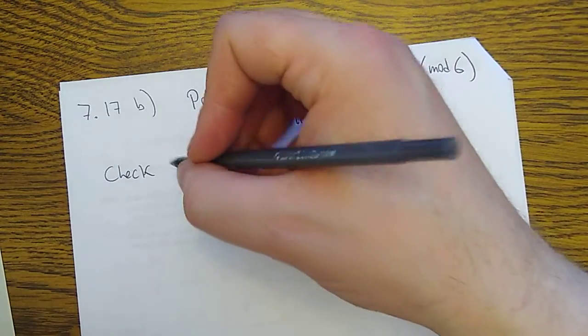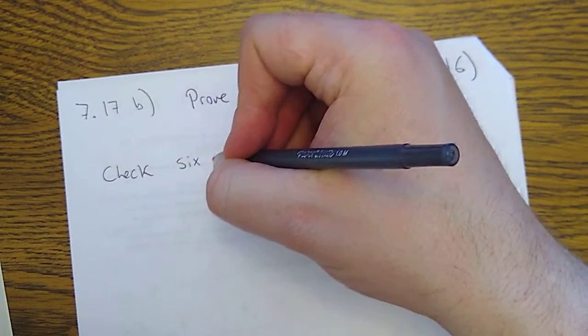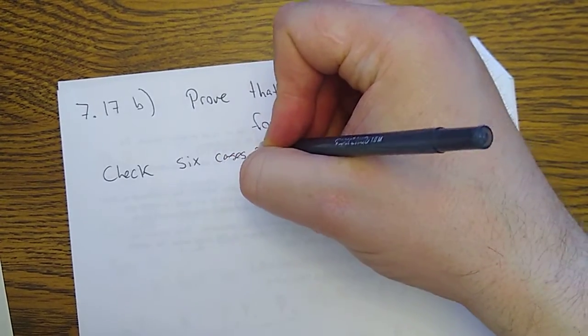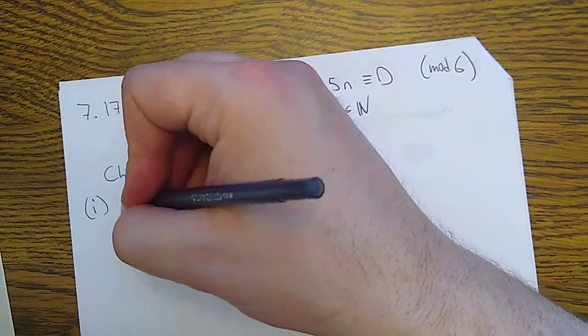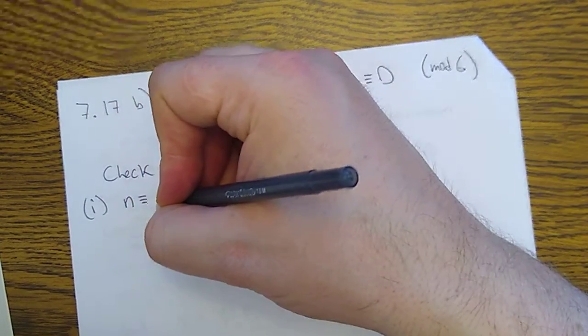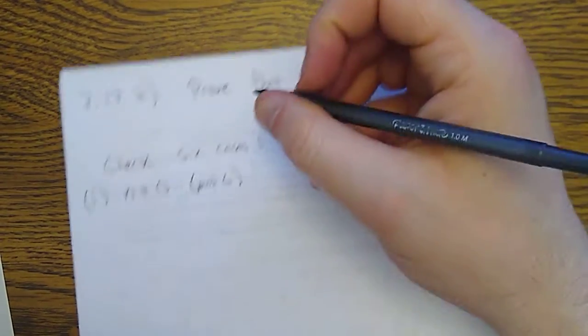So where are we? We're going to check 6 cases. n could be congruent to 0 mod 6.